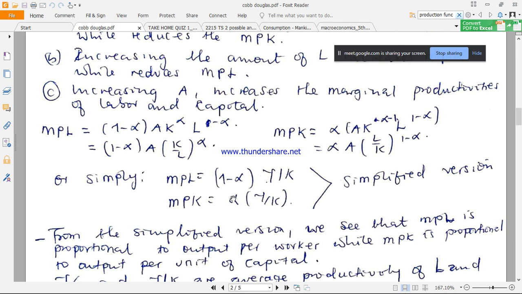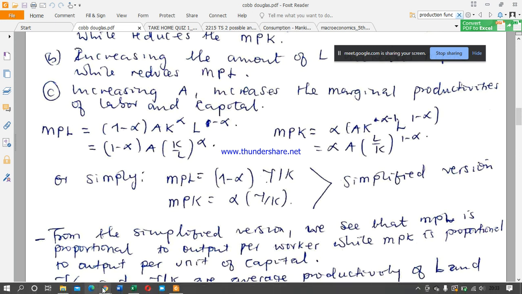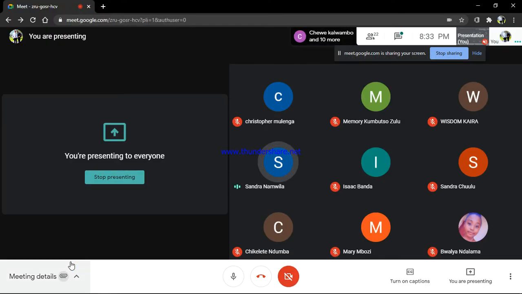So this can be simplified, the marginal product of labor, of course, let me not confuse you. Yes, ma'am. Can we end here, sir? We are going to get more confused.